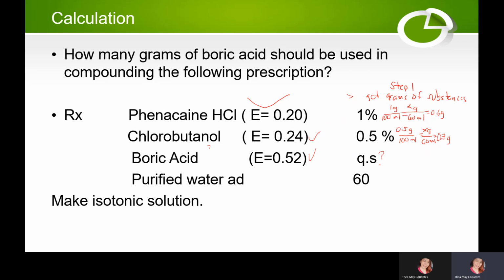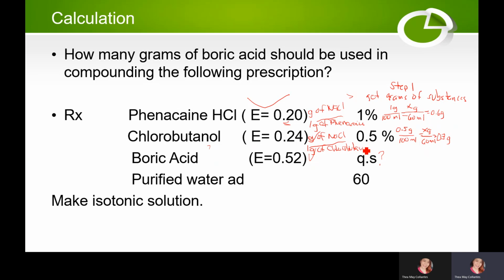Not yet. We now have the grams of your substances out of your 60 ml. But what is the purpose of the E value? Again, this is your 0.20 grams of NaCl over 1 gram of phenacaine. Same with chlorobutanol, this is 0.24 grams of NaCl over 1 gram of chlorobutanol.